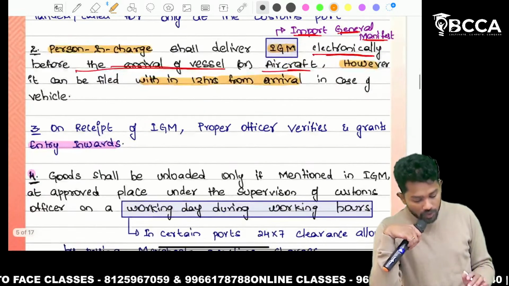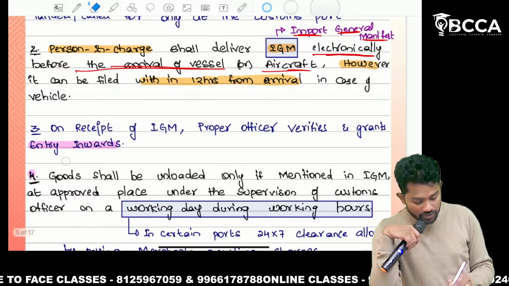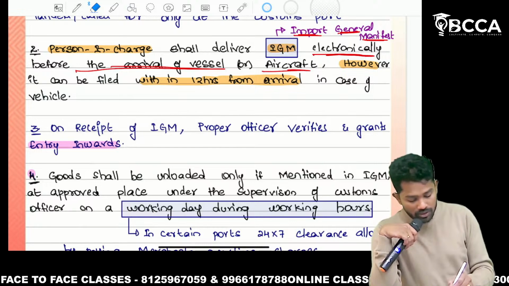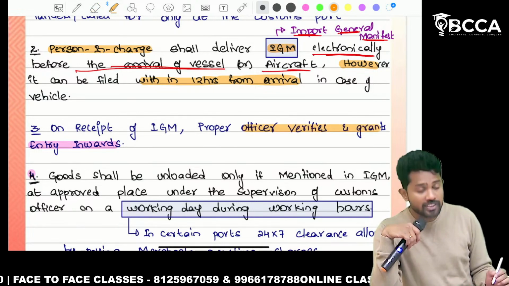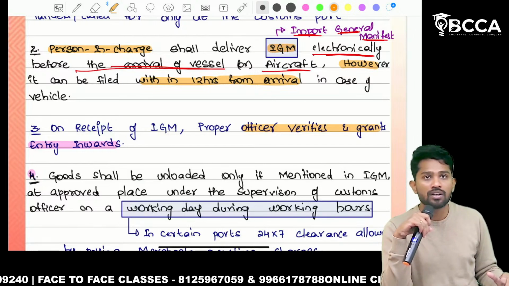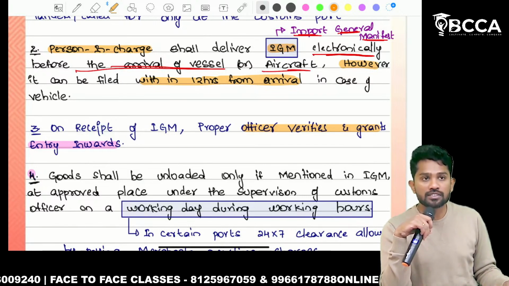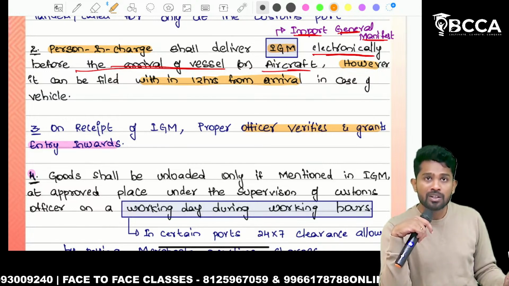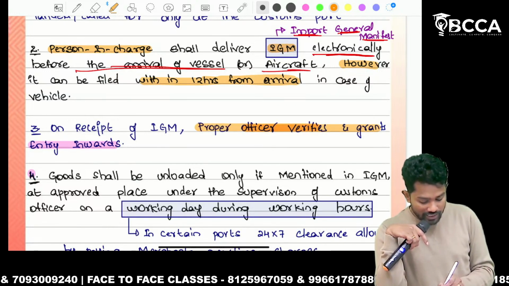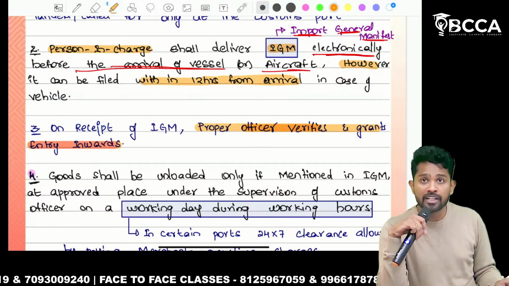Then, on receipt of IGM, once the IGM is received, the proper officer will verify the IGM, whether these goods can be allowed into the Indian port or not. So that verification will be made by the IGM. Once the proper officer verifies, he grants entry inwards.